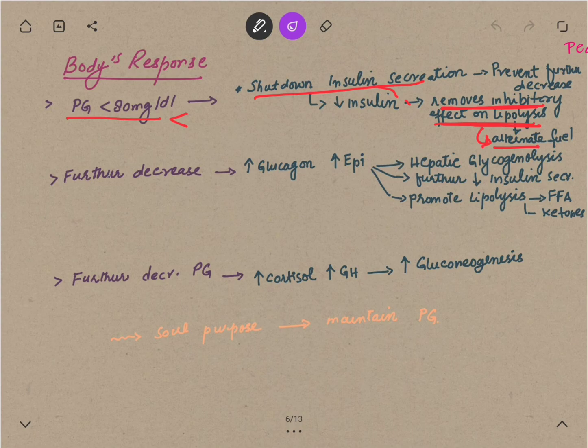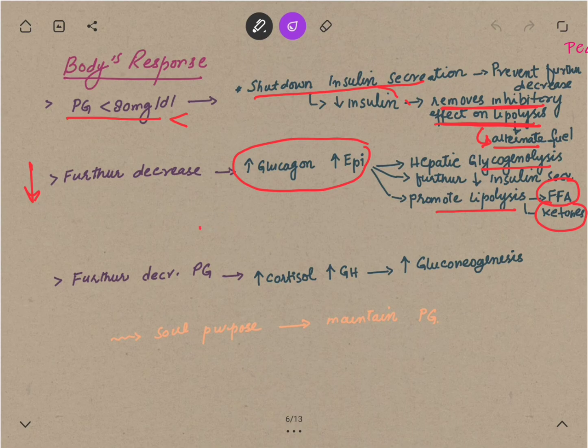Now when the plasma glucose decreases further, glucagon and epinephrine, which we discussed previously, promote glycogenolysis and lipolysis, resulting in production of free fatty acids and ketones.